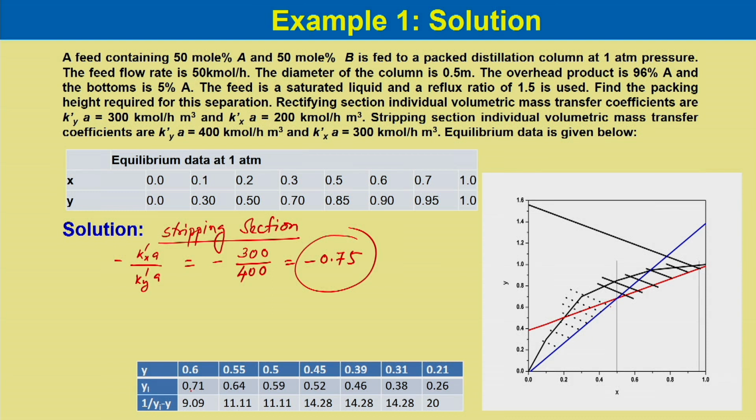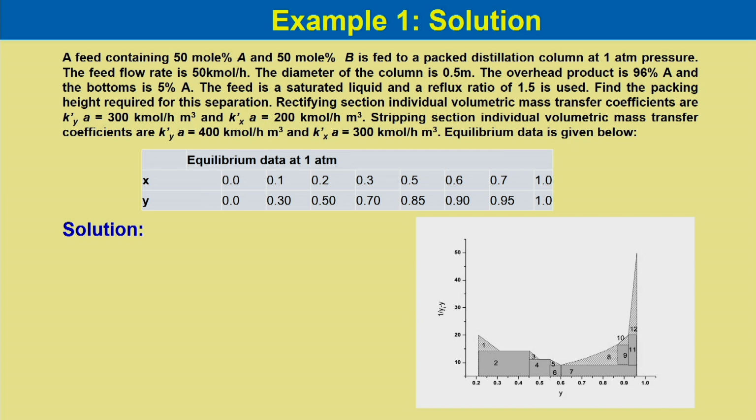So, yi we get from the intersection between this line and the equilibrium line. At different points in the stripping section we can obtain the values of yi. Then in a similar way we can calculate 1/(yi - y). So, this is for the stripping section.